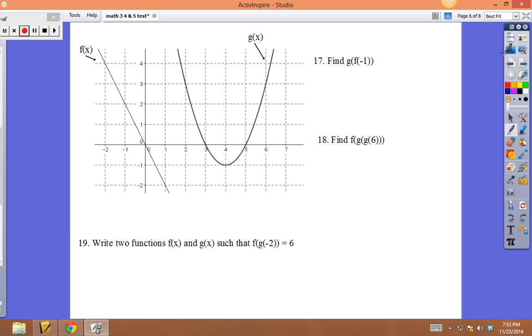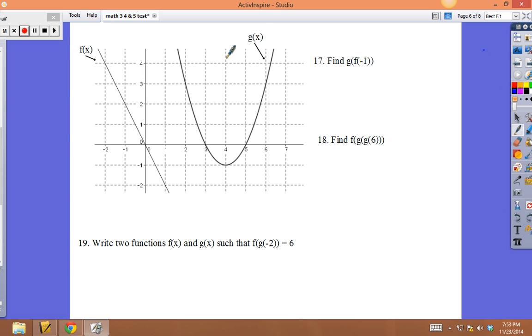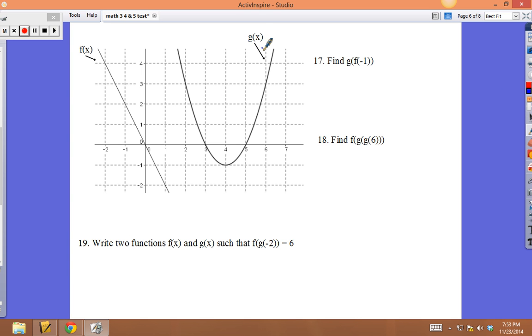17. Okay, now you're looking at a picture. It's the exact same though, and a picture actually might be easier. You have two functions. This one's f, this one's g. So negative 1 is like a table. You're going to plug a negative 1 in, and the question is, what does it spit out? If you plug a negative 1 into f, this is my x-axis right here.